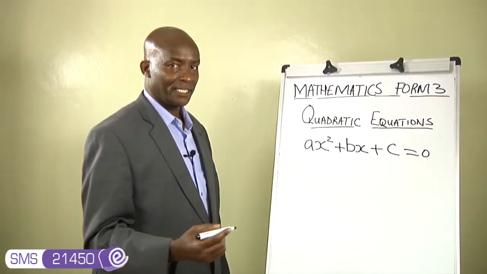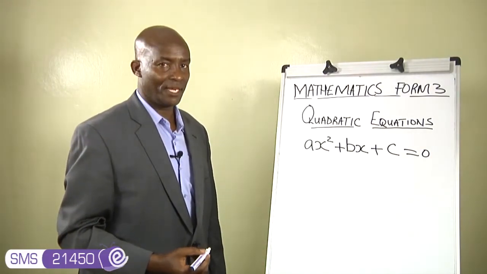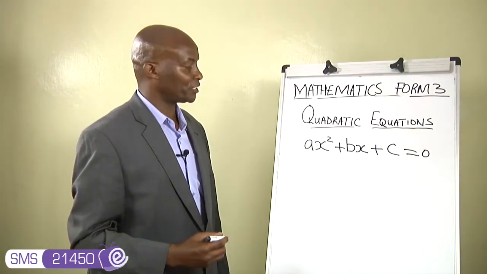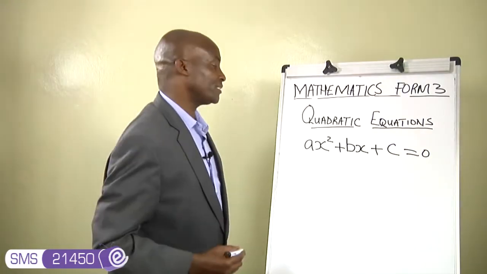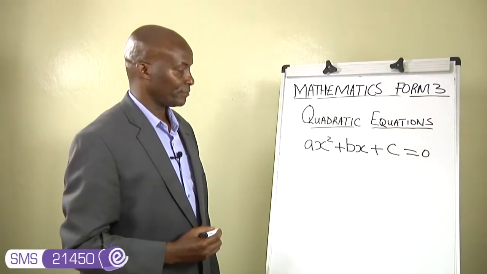Earlier on, we had said that if it does not have the equal sign, then it becomes a quadratic expression. But now it is a quadratic equation because it has the equal sign.